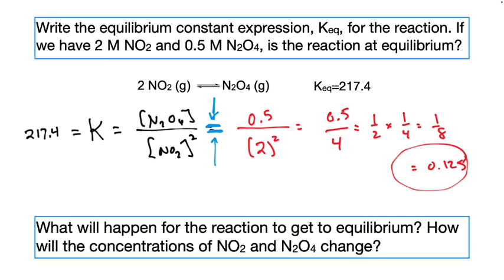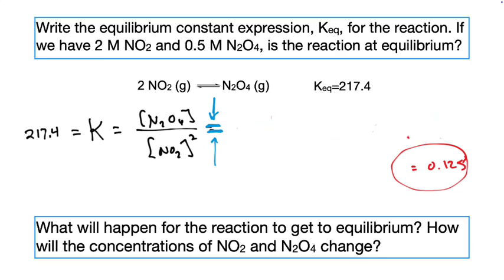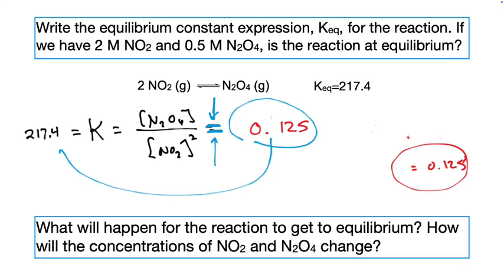What's going to happen for the reaction to get to equilibrium? So what did I say my not-equality equaled? 0.125. How do I go from 0.125 to become 217? What am I going to have to do?